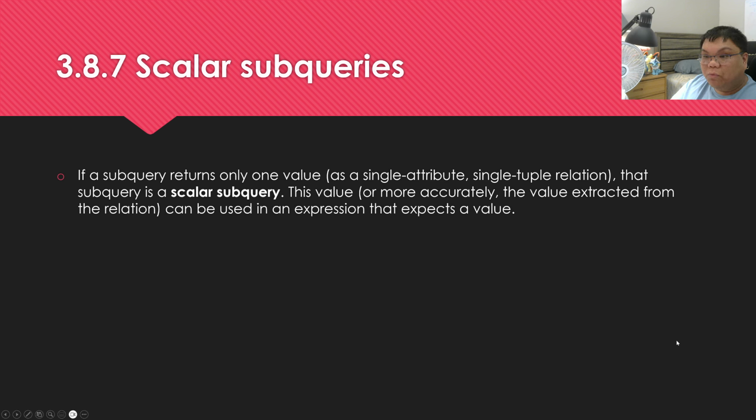If a subquery returns a single attribute, single tuple relation, that is a one-by-one table, that subquery is known as a scalar subquery. The value, or more accurately, the value extracted from this relation, we can use as part of an expression that expects a value.